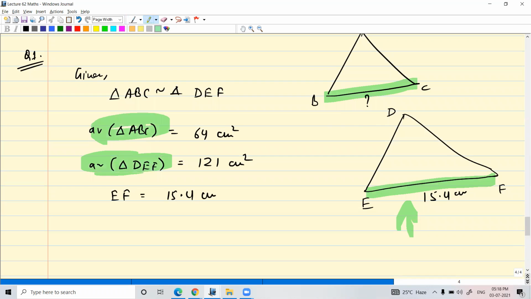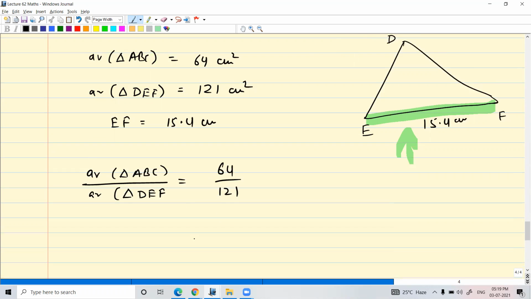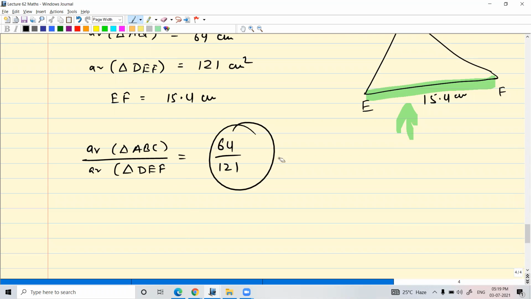We have been given the area of two triangles, right? So Tanushri, tell me what can I write? Area of triangle ABC by area of triangle DEF. So this is given, 64 by 121.